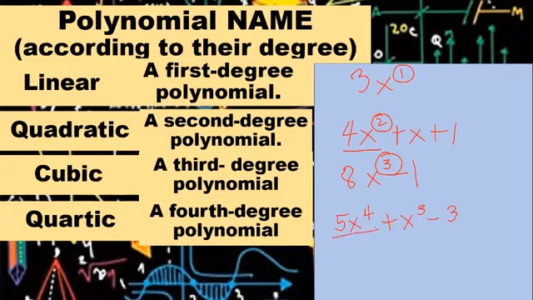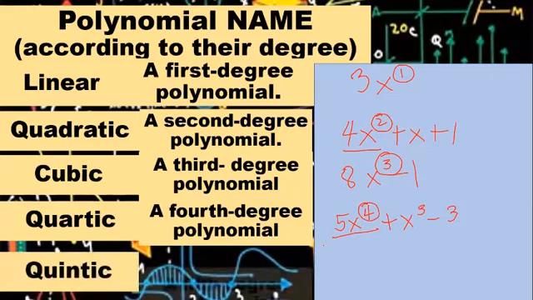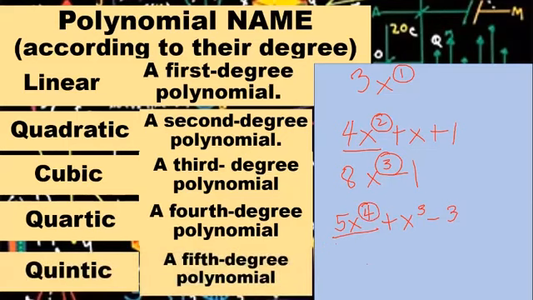So the first term, we have 4 as the exponent. So therefore, this is a quartic. Next is quintic. A fifth degree polynomial. Say 3x raised to the fifth power minus 2. So in the first term, we have 5 as the exponent. So this is a fifth degree polynomial. So therefore, this is a quintic.